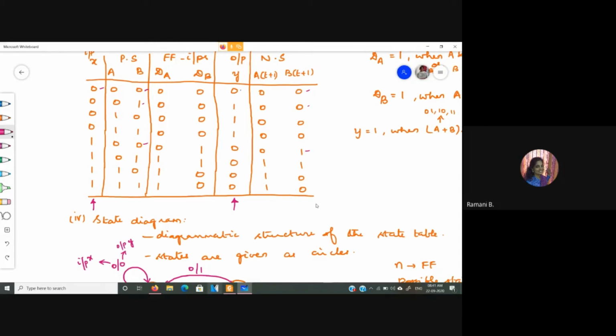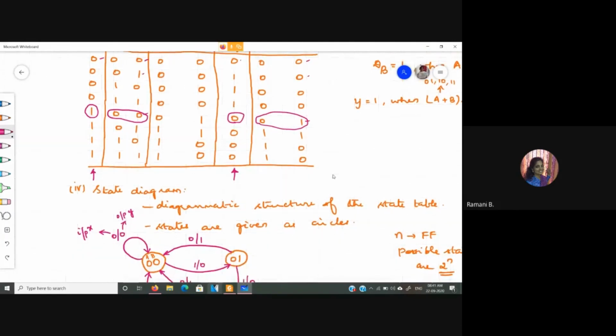So for example, let us take this 0 0. For the present state 0 0, if my input is 1, my output value is 0, and my next state value is 0 1. These are the information you need to have in mind. So for present state 0 0, I will start from this particular circle.